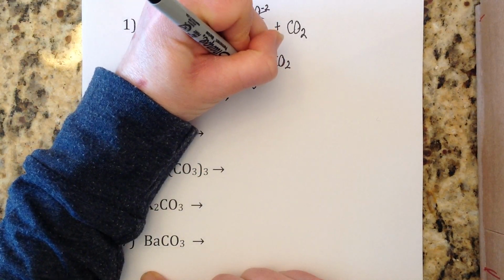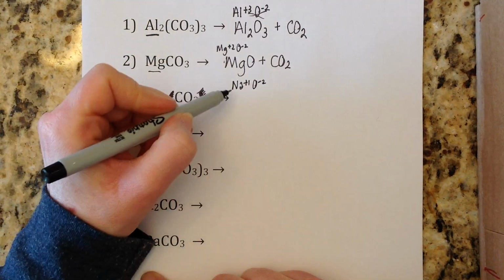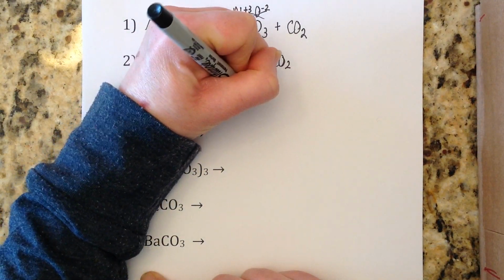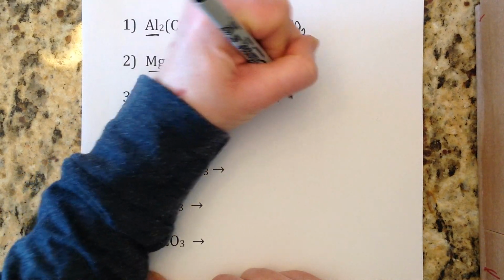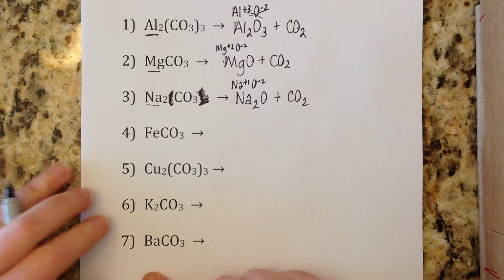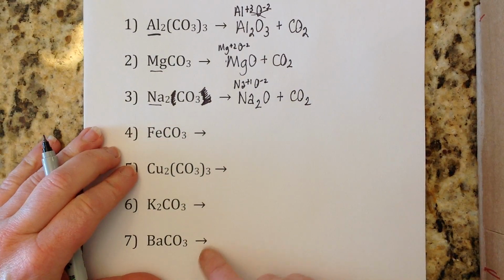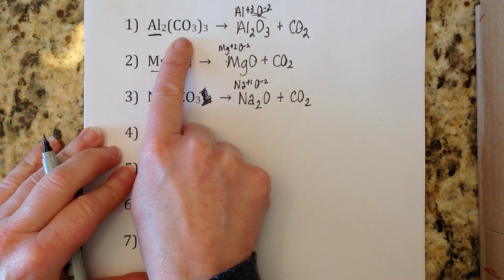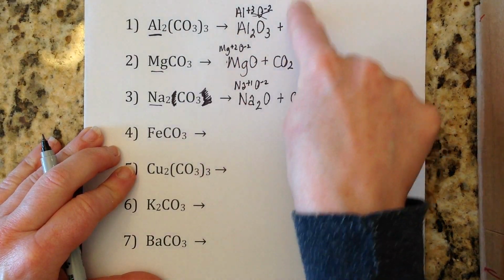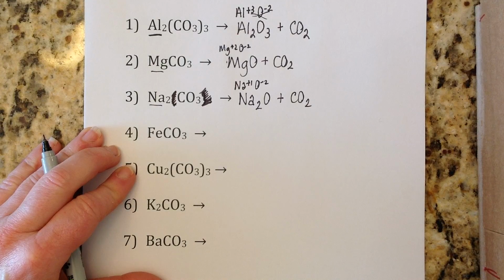Oxygen is O-2 because according to the rules, I'm crisscrossing the metal with oxygen. So that is sodium oxide plus carbon dioxide. So what you can see here, the trend is you look at the metal that was attached to your carbonate, you take that metal, crisscross it with oxygen, and then you just add CO2.